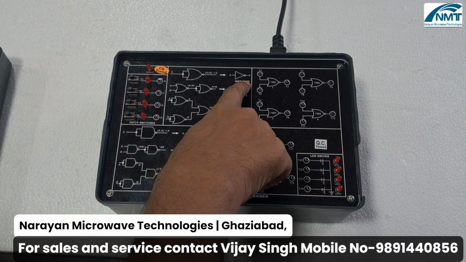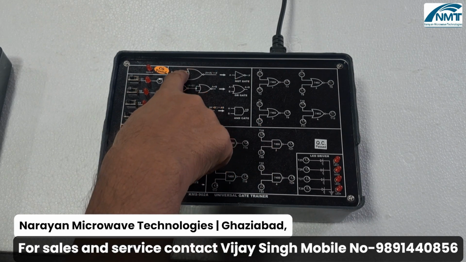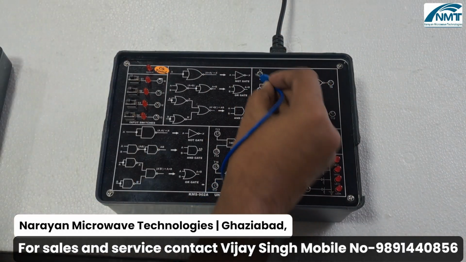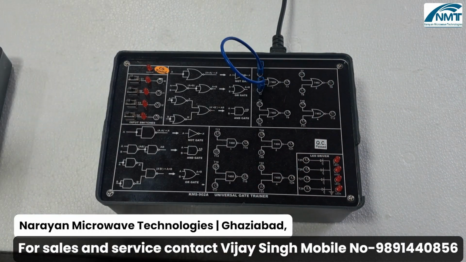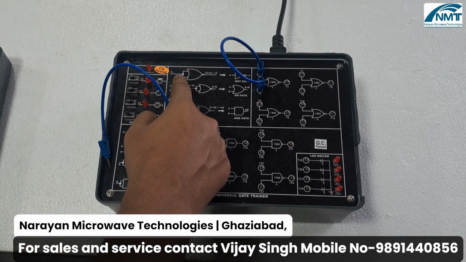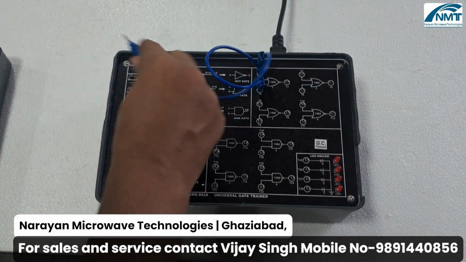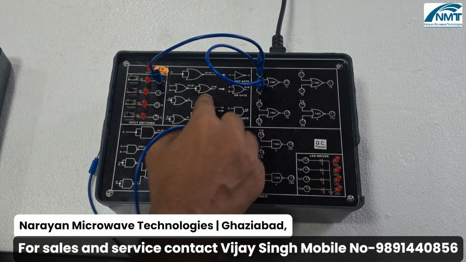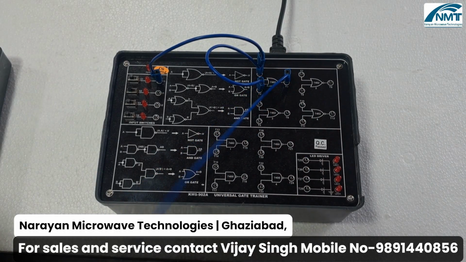For example, this is our NOT gate. For the NOT gate, the inputs of the NOR gate have to be shorted. So let's short the inputs of the NOR gate like this. This shorted input will be given to the input switch, and the output of this NOR gate you can give to the output LED.